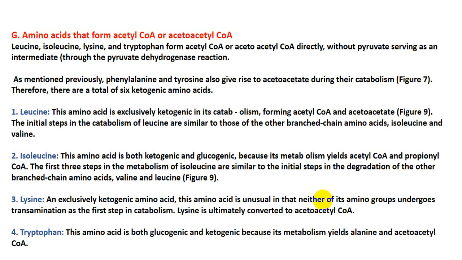Lysine is ultimately converted to acetoacetyl coenzyme A. Tryptophan is converted to alanine and acetoacetyl coenzyme A, then alanine is transaminated to pyruvate. Tryptophan is a glucogenic and ketogenic amino acid. Then phenylalanine and tyrosine.